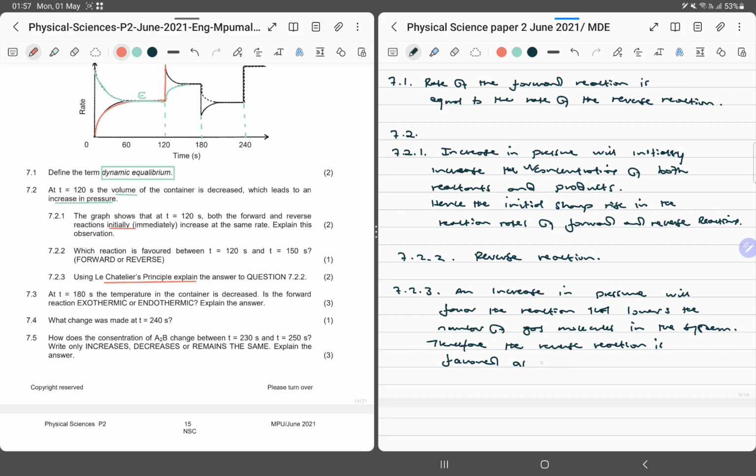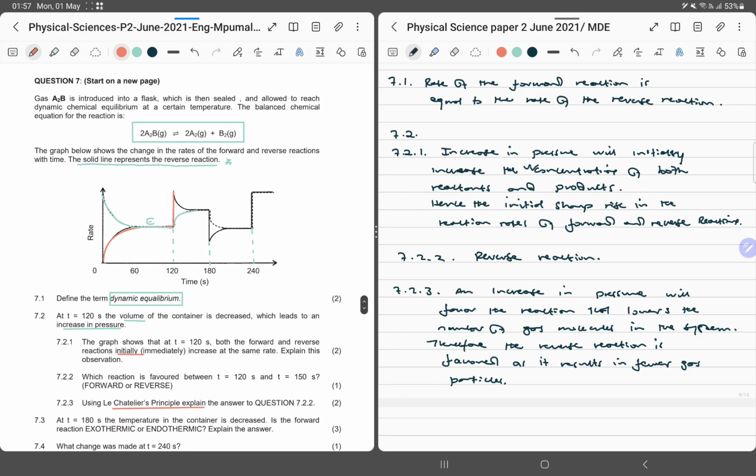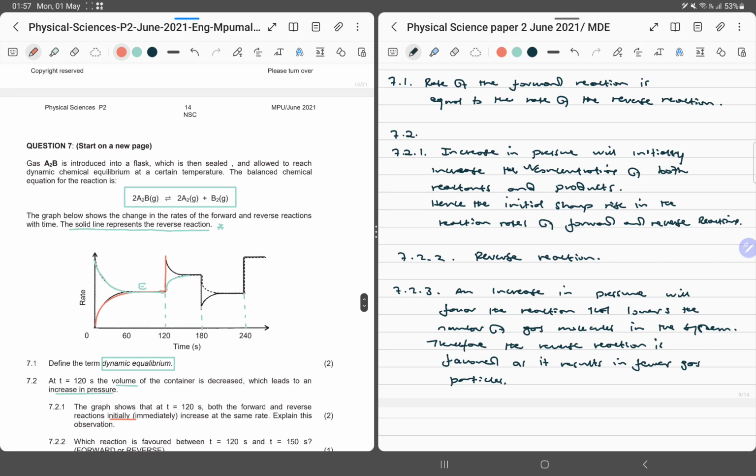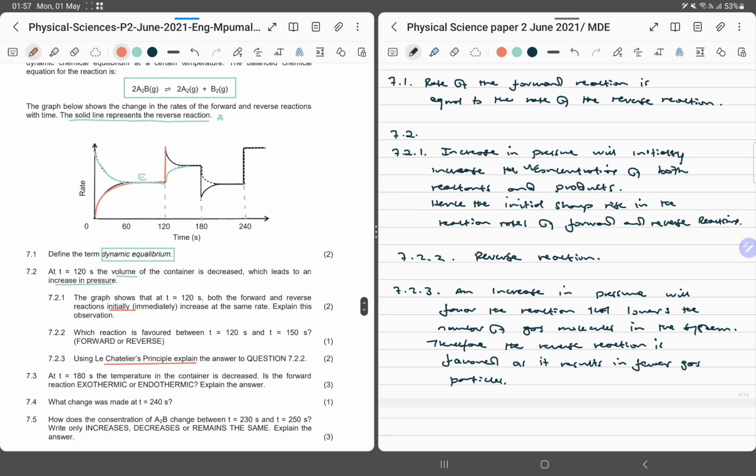as it results in fewer gas particles. You can use the word molecules or particles, it's up to you. You can see here there's 2 against 3. So basically that is what is happening.